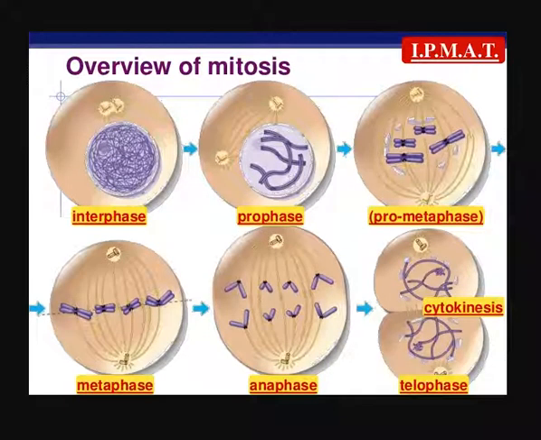Okay, the very last thing that I wanted to go over is a really quick recap of mitosis. Hopefully you remember mitosis a little bit, IPMAT, and if you are a little fuzzy on it, I would do a rough sketch of the pictures that I have here on the screen. Just a little review.